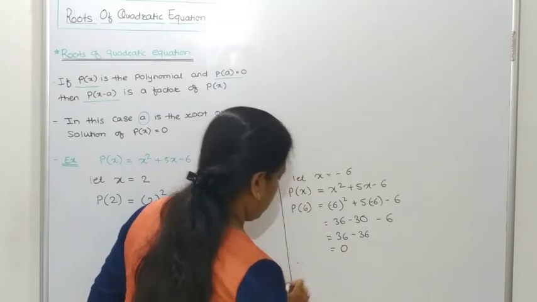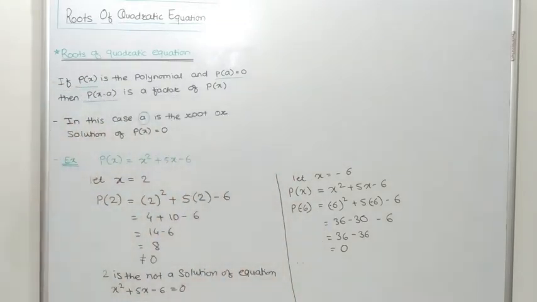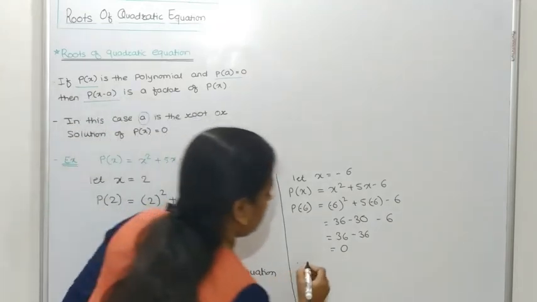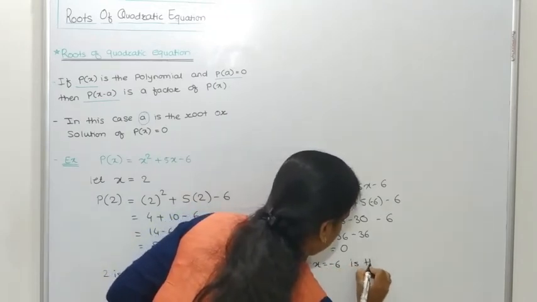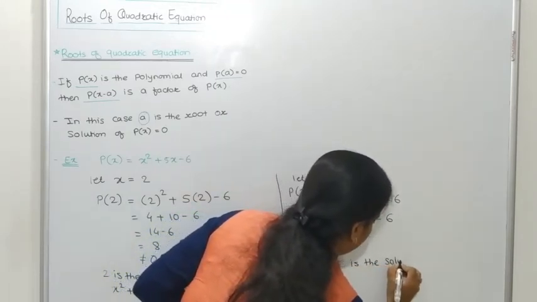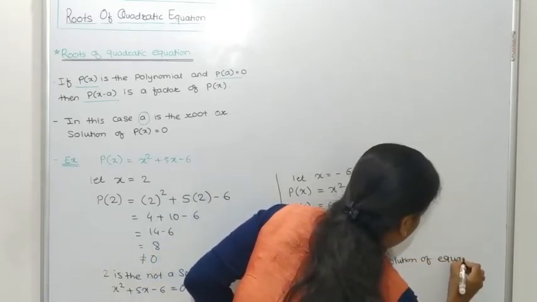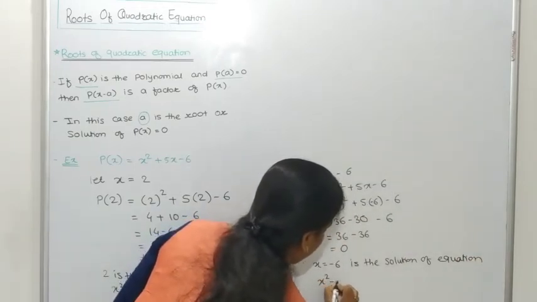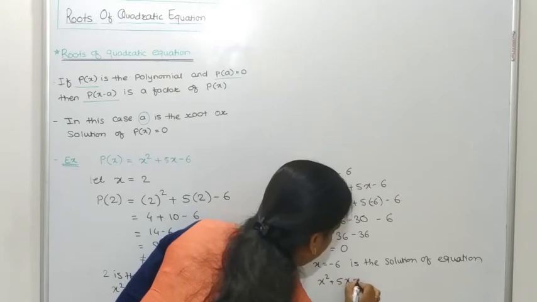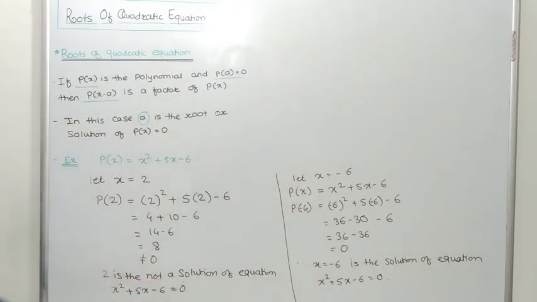So therefore we can write that x is equal to minus 6 is the solution of the equation x square plus 5x minus 6 is equal to 0.